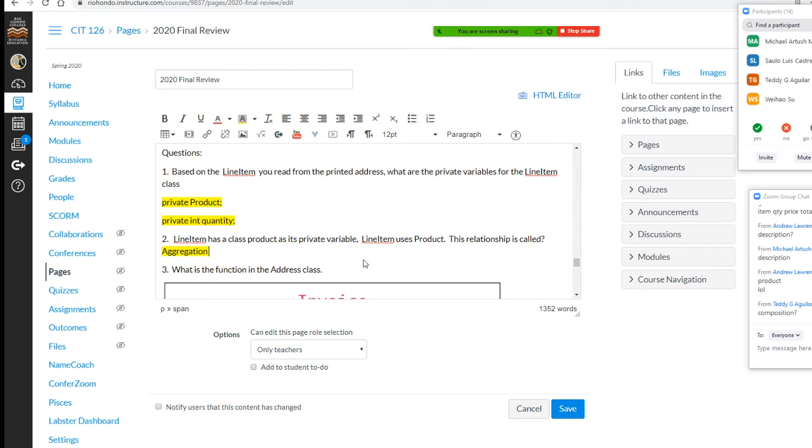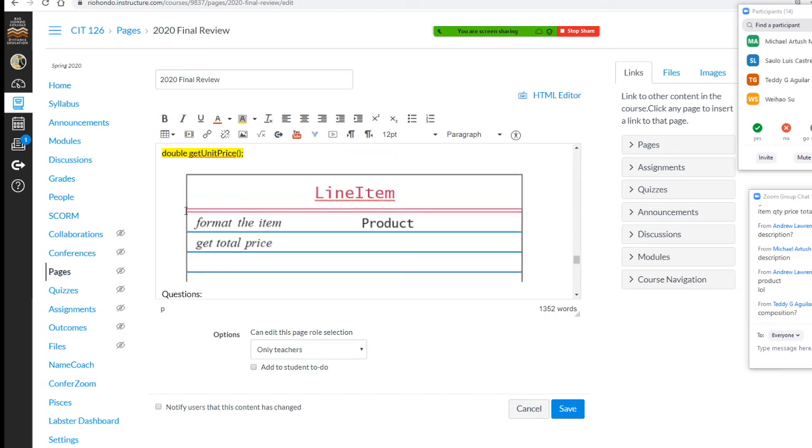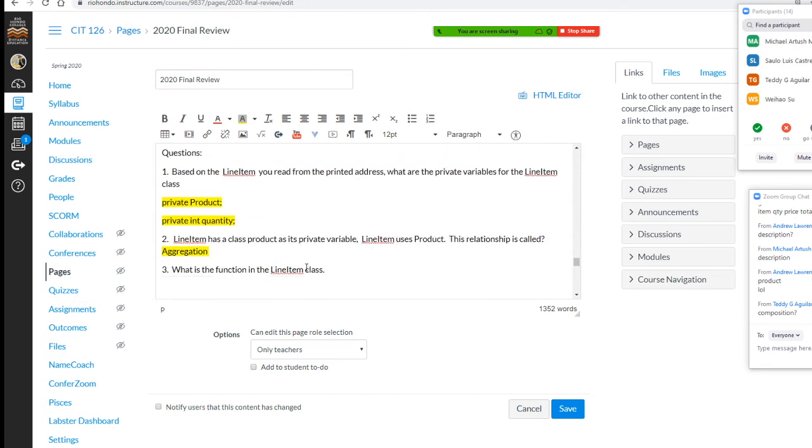So what's a function in line item class? You read the line item class. Line item has to what? Format, right? Format.